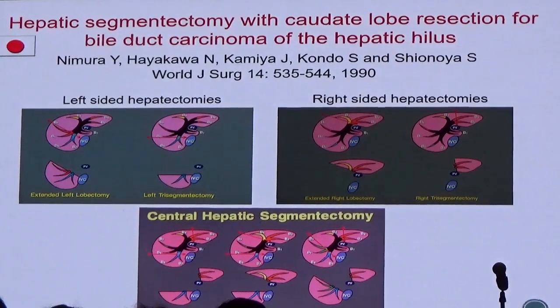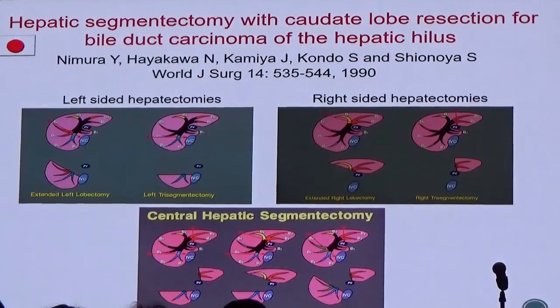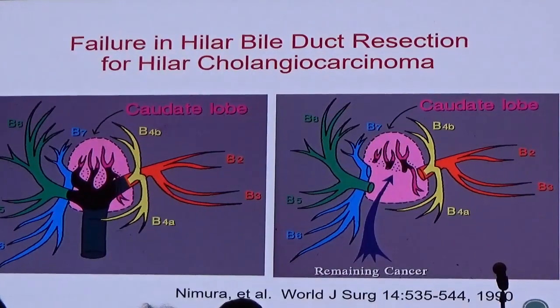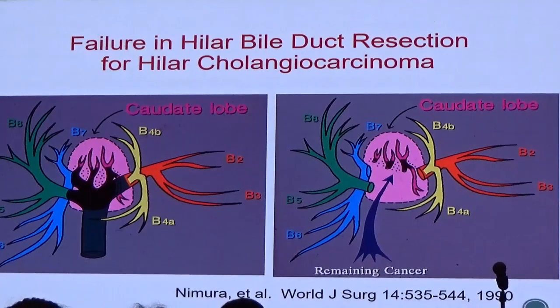On the contrary, in the majority of cases with the right hepatic side involved, right-sided hepatectomy is indicated. In a special case of localized carcinoma at the hepatic hilus, central hepatic segmentectomy with caudate lobectomy is indicated. Anyway, the caudate lobe resection is very important to establish R0 resection.